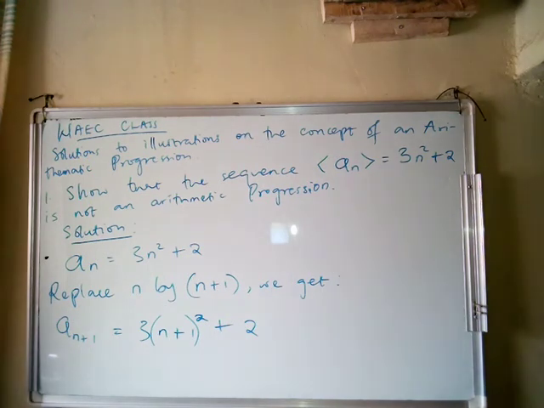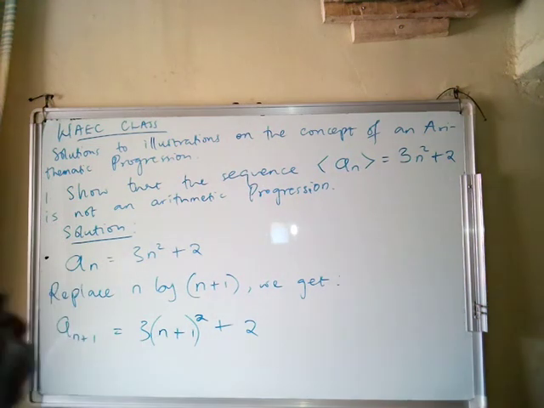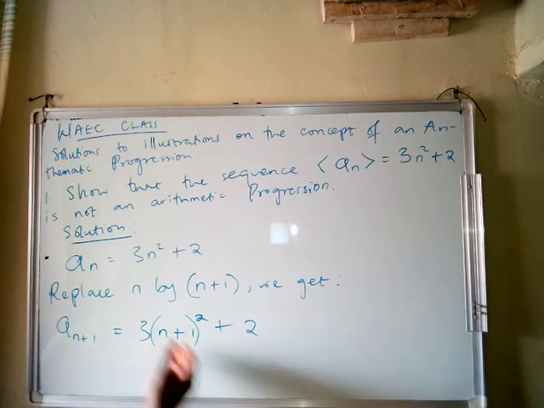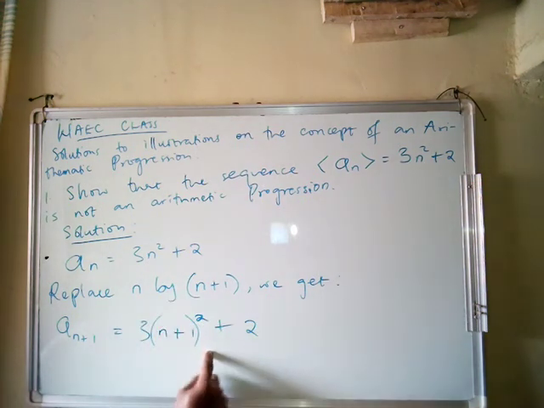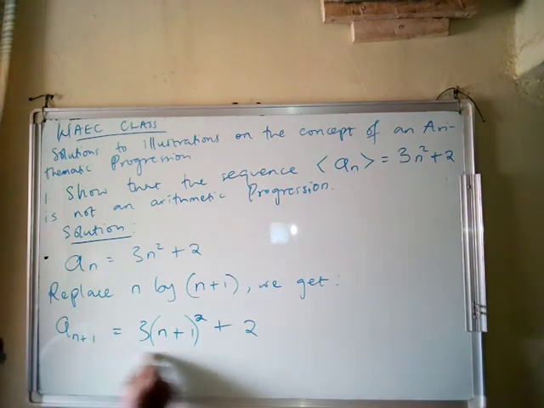Okay, so let's carry on. Now, when we get to this point, all we need to do is to clear the bracket. Now, in clearing the bracket here, what do we do with this?